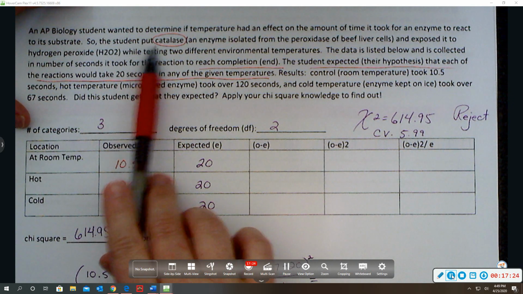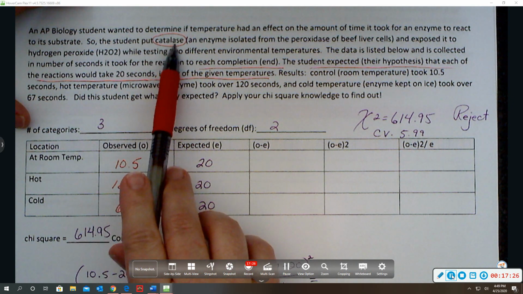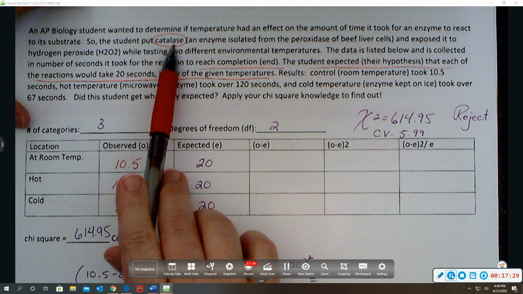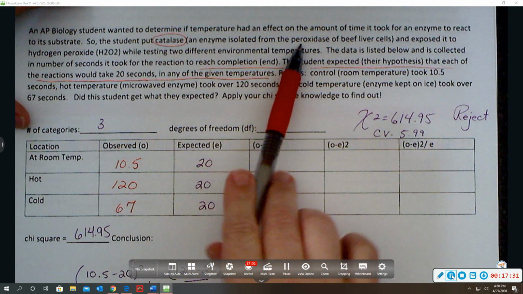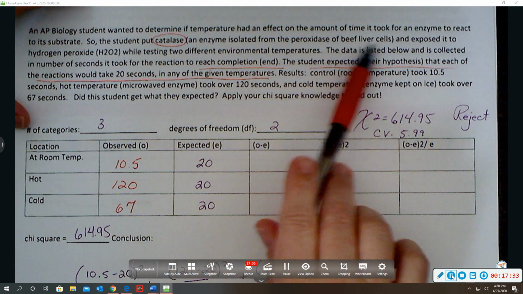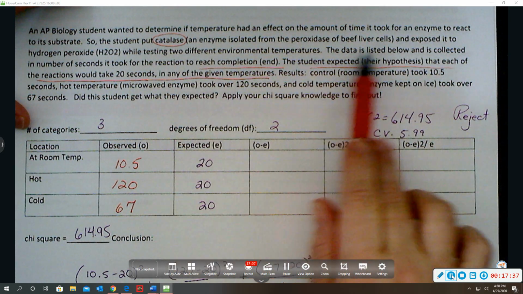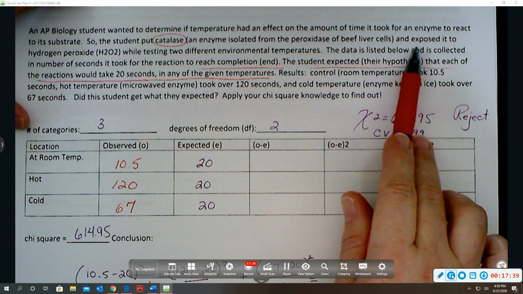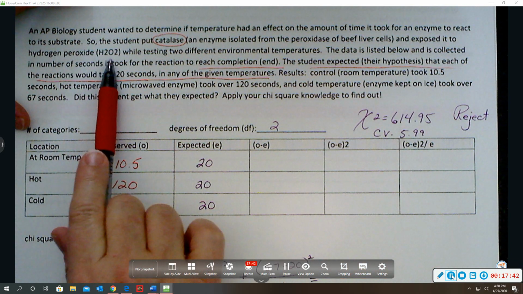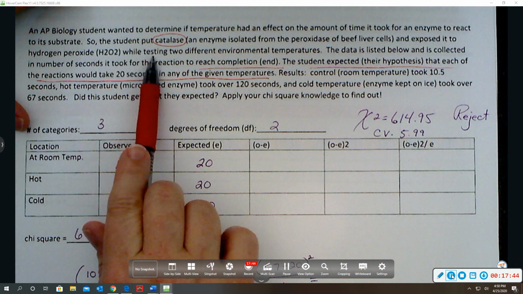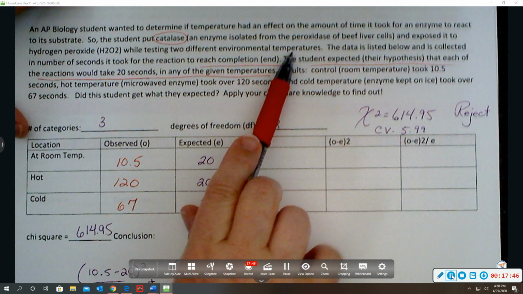So the student put catalase, there's the ACE ending enzyme, an enzyme isolated from the peroxidase of beef liver cells. They put catalase and exposed it to hydrogen peroxide, H2O2, while testing 2 different environmental temperatures.